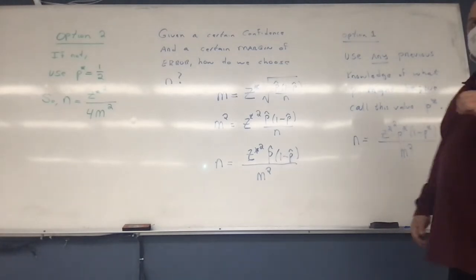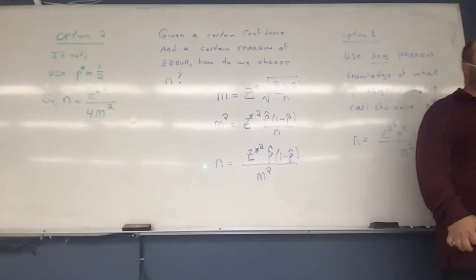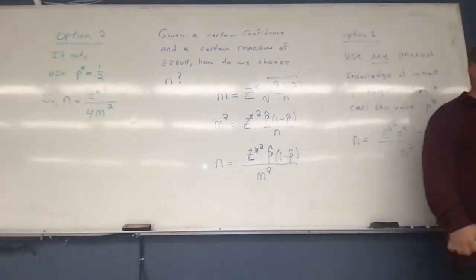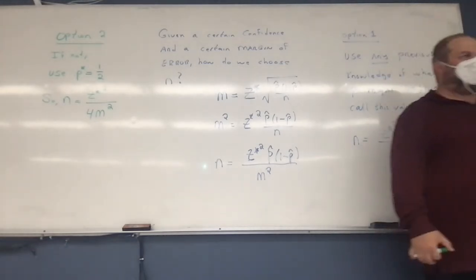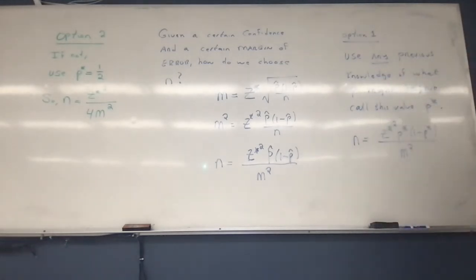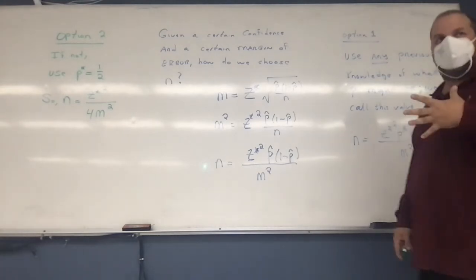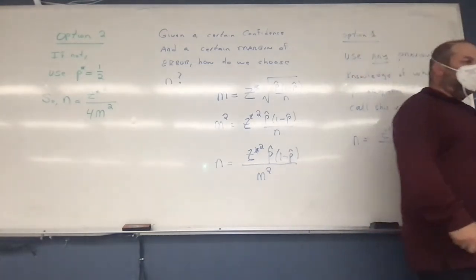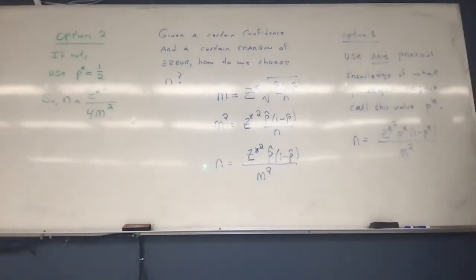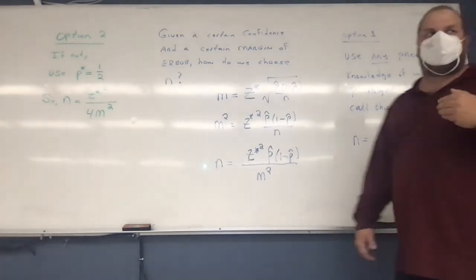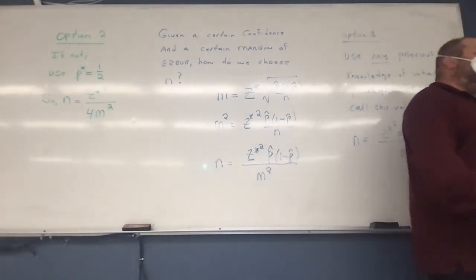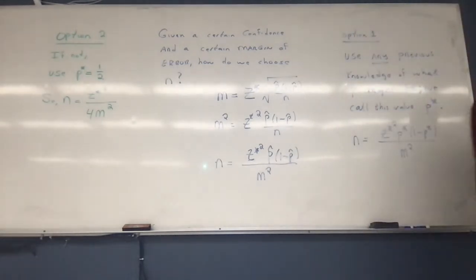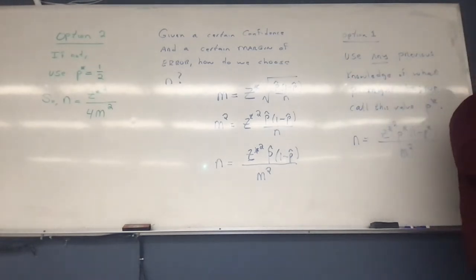What's 0.75 times 1 minus 0.75? No, it's not half. 0.1875. Fractions are so much better. 0.75 is 3/4. 1 minus 0.75 is 1/4. 3/4 times 1/4 is 3/16. 3/16 is less than a fourth, right?